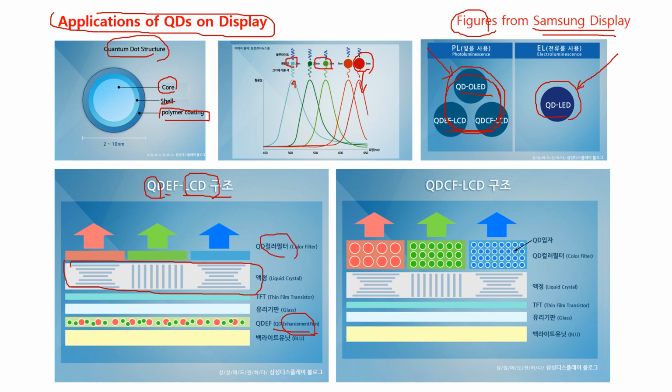So this kind of structure is an LCD TV, but in this TV we use quantum dots as color filters. And the quantum dot CF LCD structure is also an LCD TV. So liquid crystal is used, and quantum dot is used for the color filter.